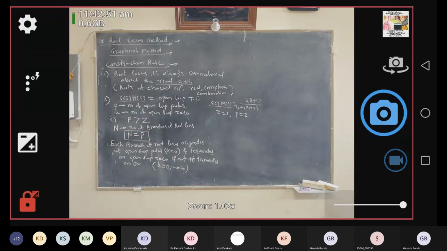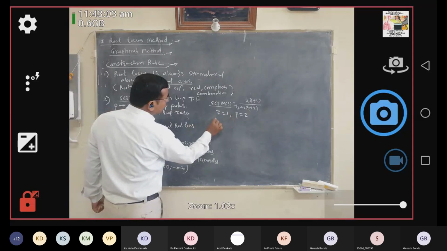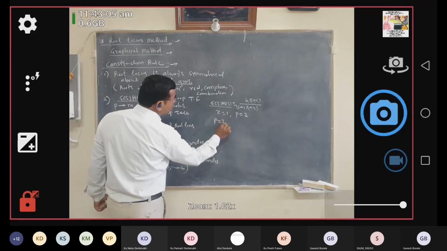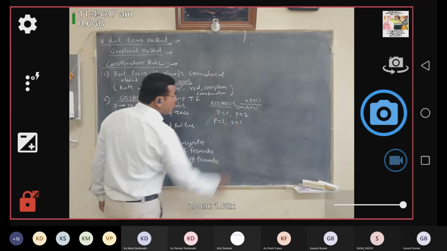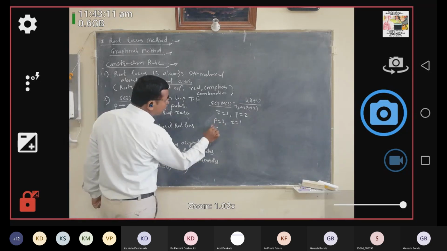Okay, so we just find out how many branches are terminating at infinity. It depends on your number of poles and number of zeros. If you take this example, the number of poles is 2 and the number of zeros is 1.